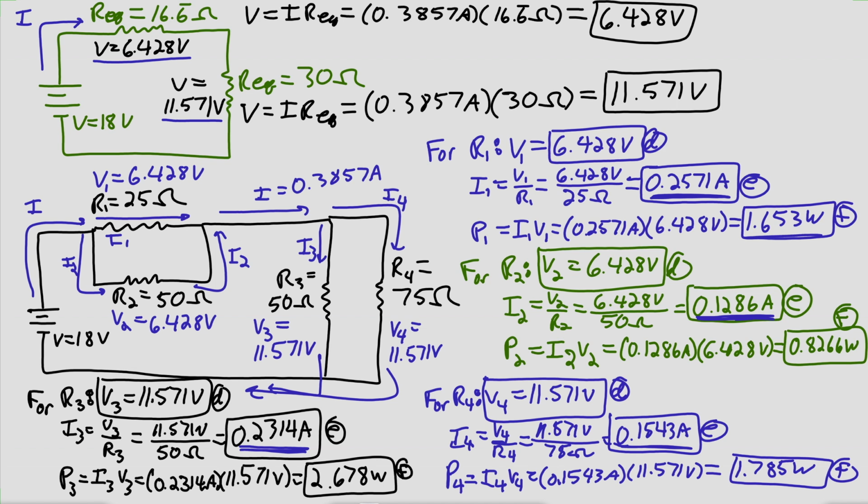If we take 1.653 watts, add it to 0.8266 watts, add that to 2.678 watts, and add that to 1.785 watts, we're going to get that original power, 6.943 watts. There's probably some rounding in there that makes it not exactly right. But yeah, the total amount of power that the battery is providing has to be the total amount of power being dissipated by all of the resistors, because of the law of conservation of energy.